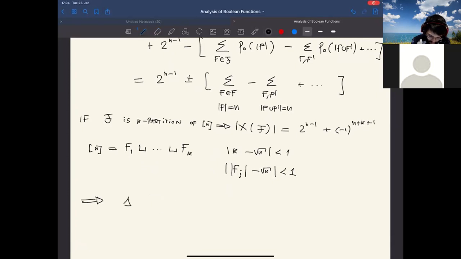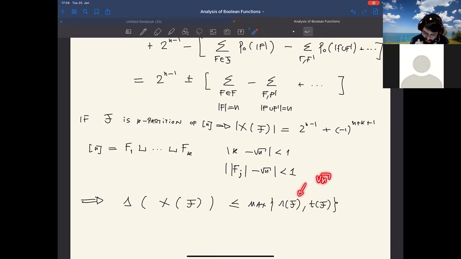the size of x of f, oh, sorry, the degree of x. We just computed, that was the claim. The degree was less or equal than the max of what? R of x and T of x. But R of x is what? This is square root of n, at most square root of n plus 1, because this is the size of its stack.